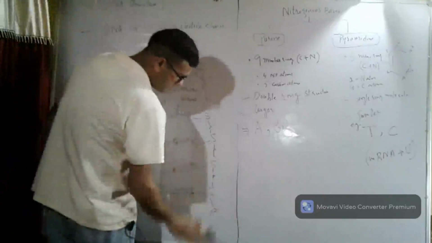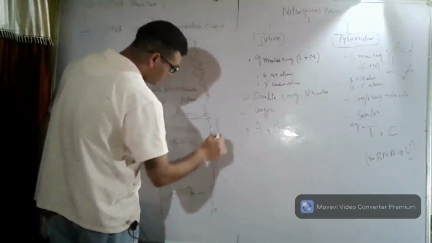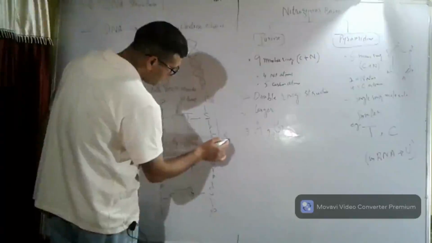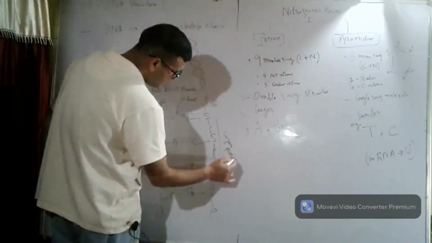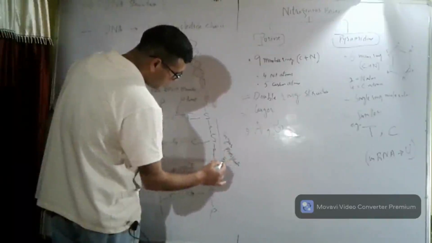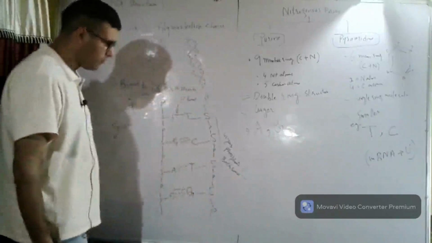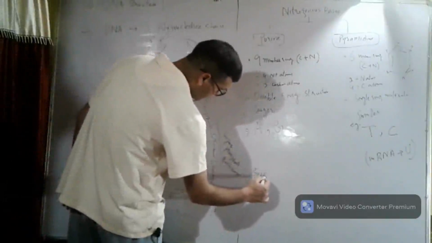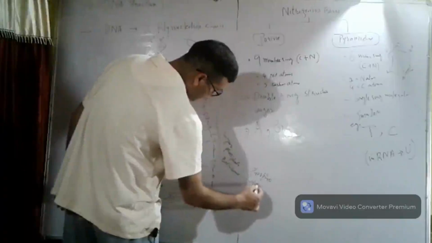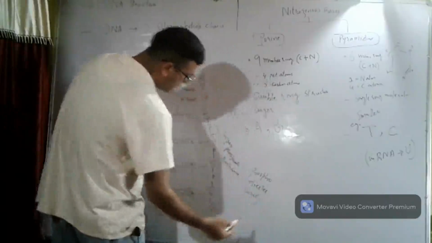So this is the sugar phosphate backbone, and there is a phosphodiester bond.